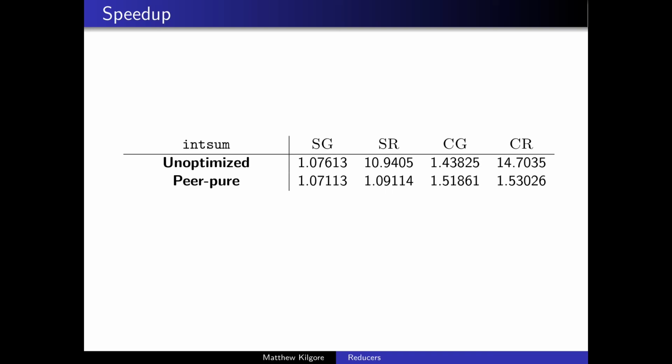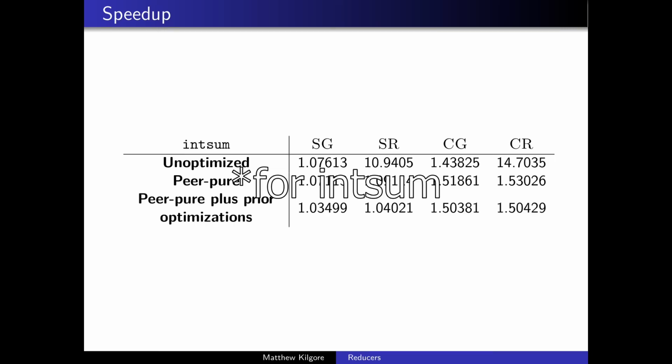And in fact, this optimization completely dominates everything else. So, if we throw on all those other optimizations, it really doesn't have much of an effect at all. Nothing that can be measured outside of noise.